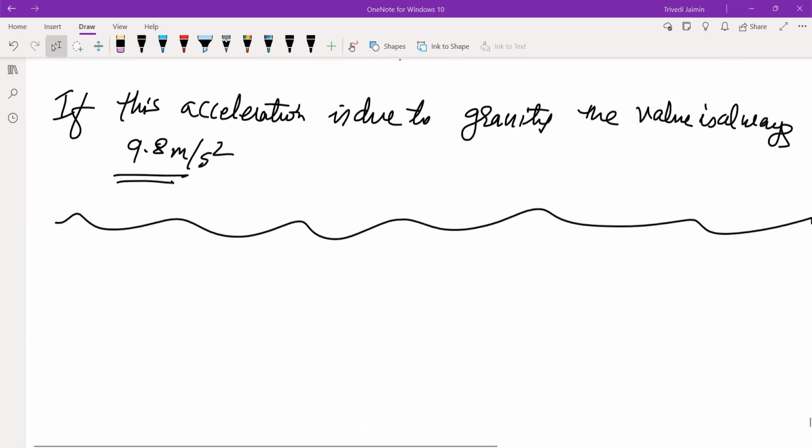In both cases we gain speed, but the difference is the direction, up and down. One is negative and one is positive. That's all, the difference.